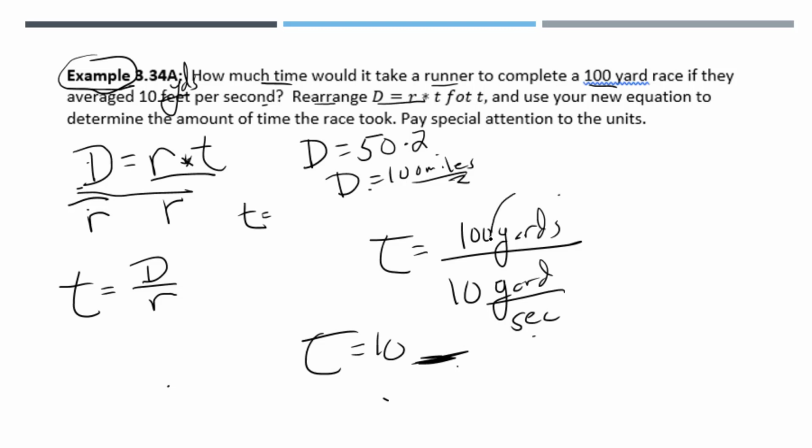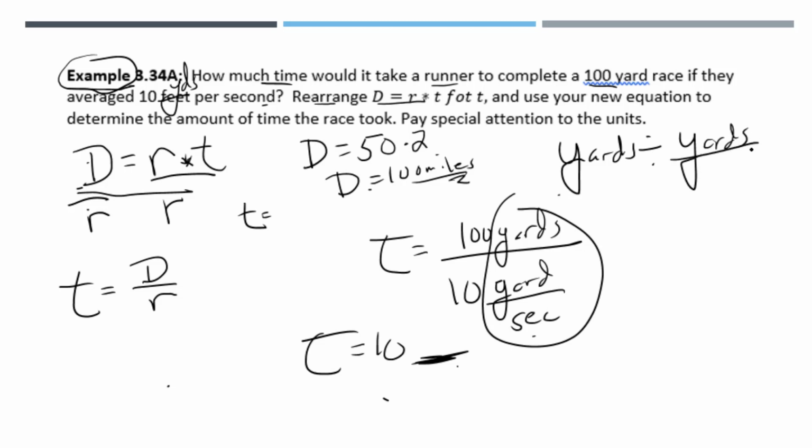So I'm going to look right here closely at the units. I have yards divided by yards per second. And recall from the last example or so that division is the same as multiplying by the reciprocal of this.